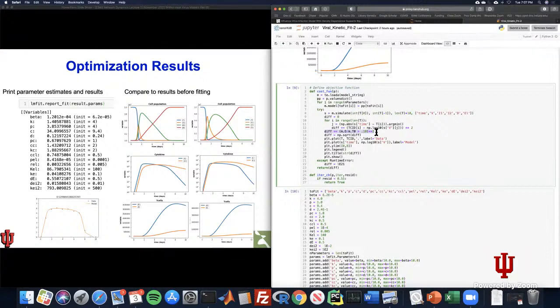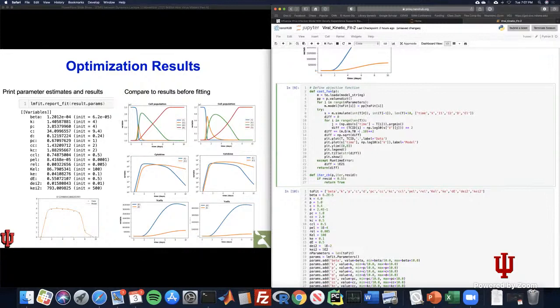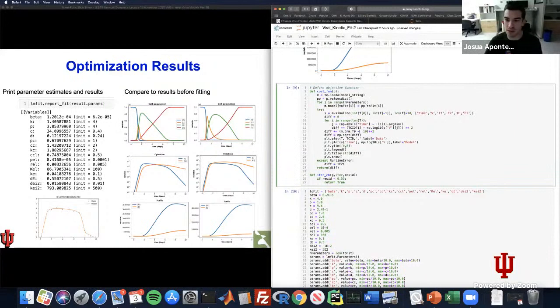Sorry, Josh, in line 13, do you want that to be greater than 0.1 or do you want it to be minus 0.1? Oh, I'm sorry, no, minus 0.1. So we want 90% of our cells to survive. Did you find a solution for that one? I'm curious if that would work.